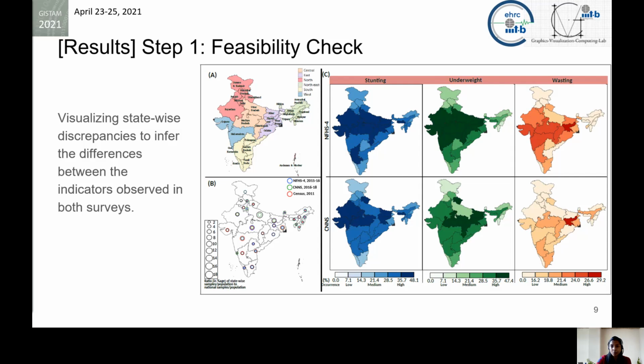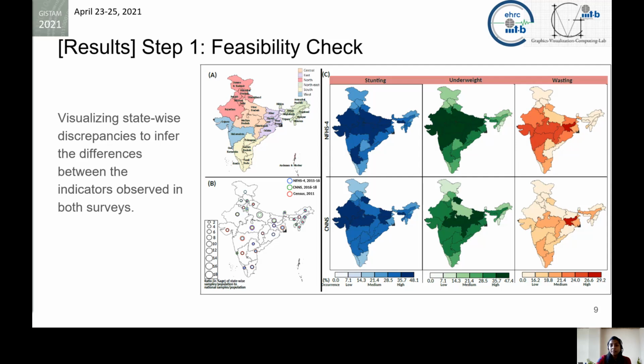Let us discuss step 1 here. Our first step is to establish the feasibility of integrating the selected surveys, region-wise grouping of the 30 states, and distribution of sample population covered in the surveys are shown in figure A and B respectively.